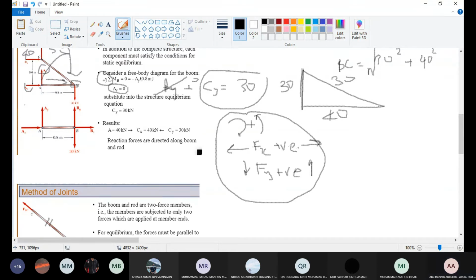Oh, so the direction doesn't matter, we decide ourselves. Yes, but don't mix. Okay, thank you sir. You don't mix. This is one set, and this is another set. But you don't mix.